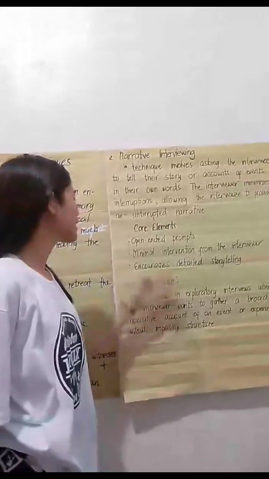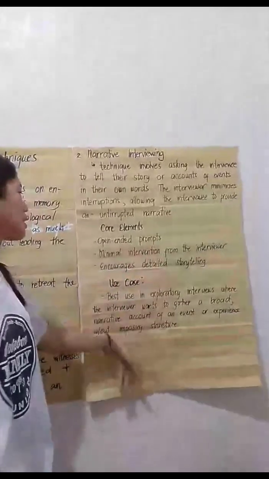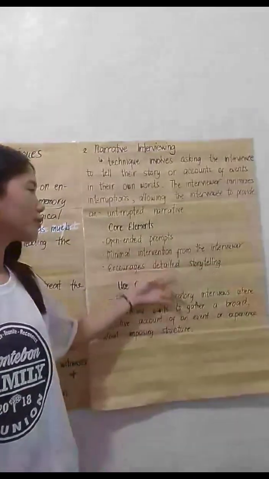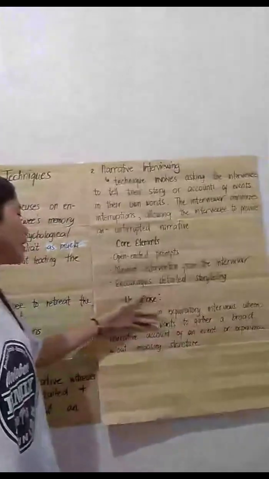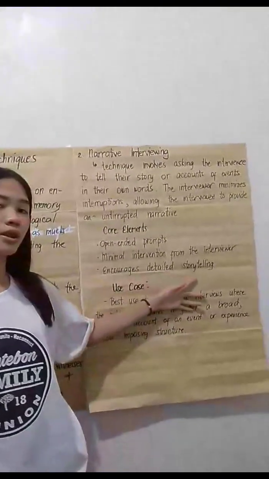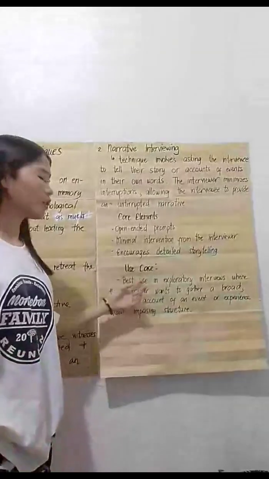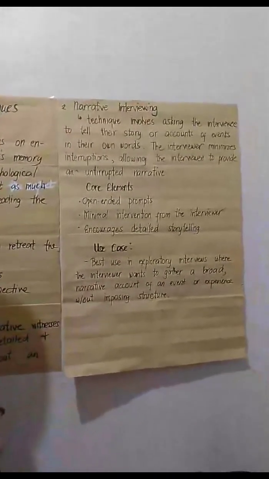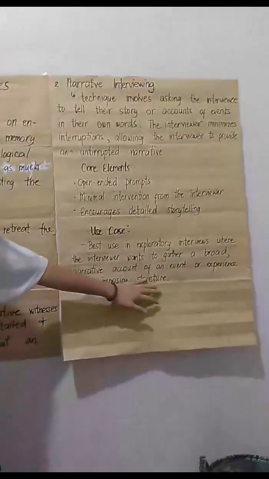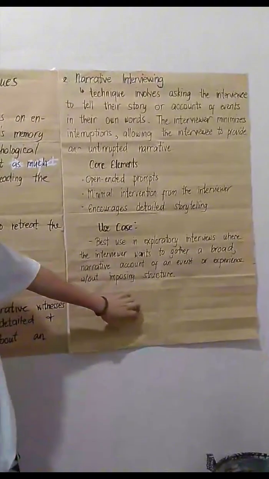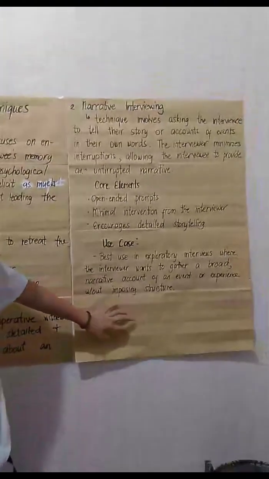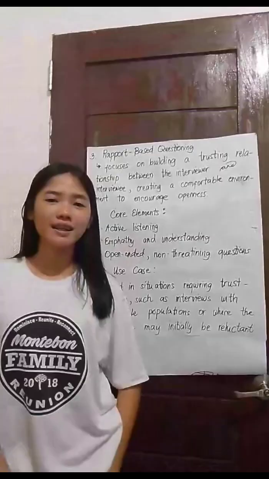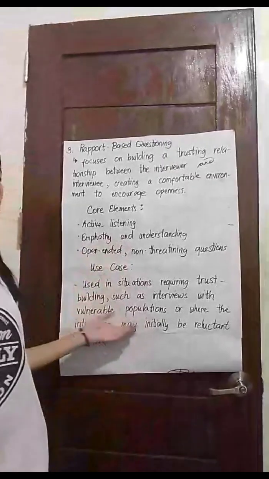Core elements: open-ended prompts, minimal intervention from the interviewer, and encouraging detailed storytelling. Use case: best used in exploratory interviews where the interviewer wants to gather a broad narrative account of an event or experience without imposing structure. Last one is rapport-based questioning.